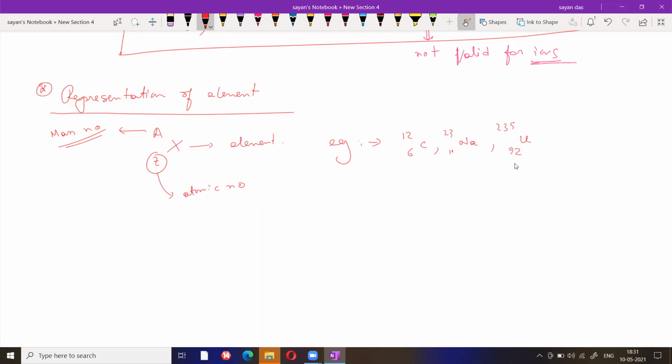So 92 is the atomic number of uranium, 235 is the mass number of uranium, and U represents the uranium atom.